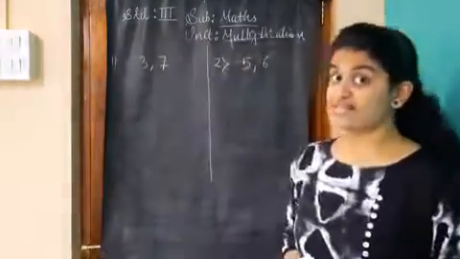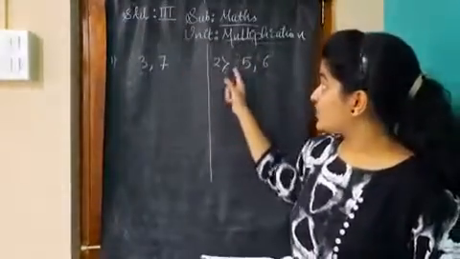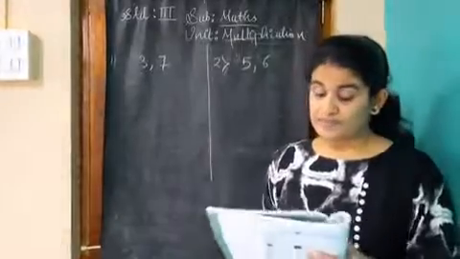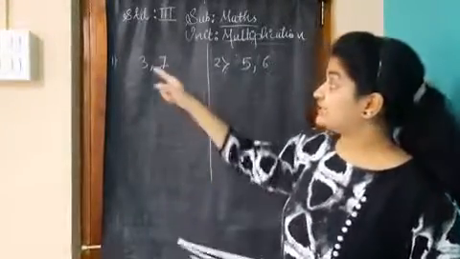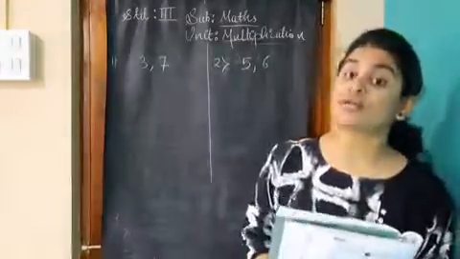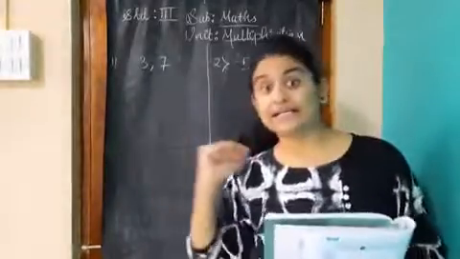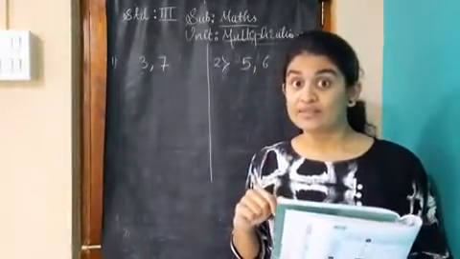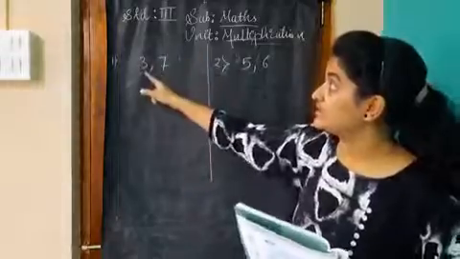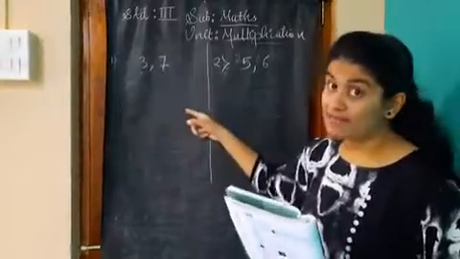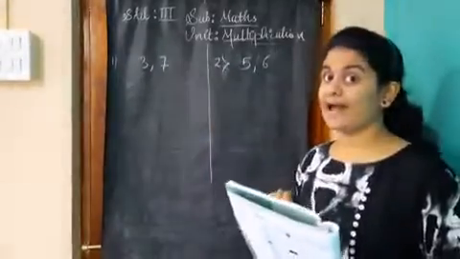So students, as you can see these questions on the blackboard, we have to arrange this number in horizontal manner and then multiply. Okay? We have to arrange this number in horizontal manner and then multiply.